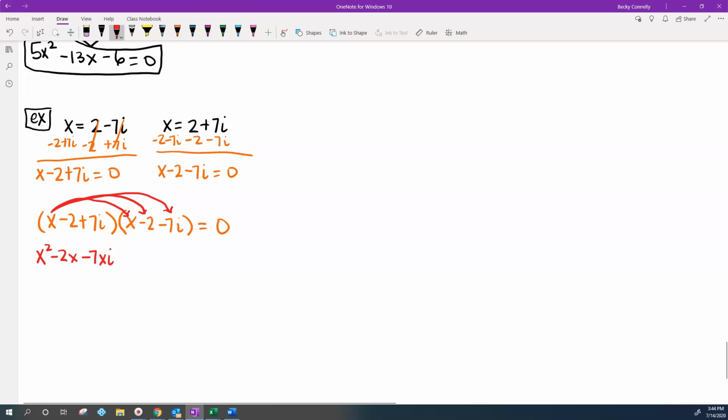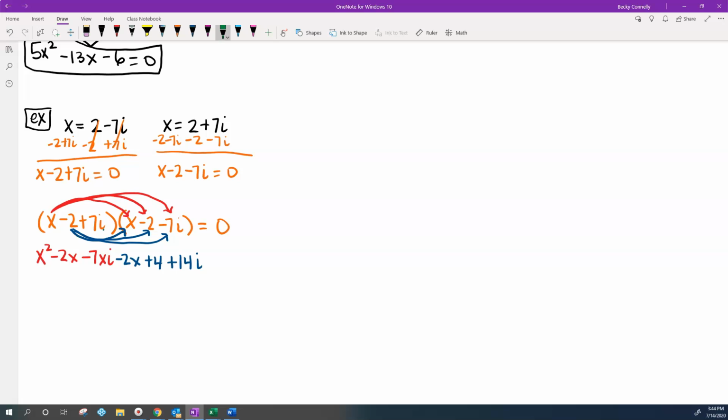Now let's take the -2 and distribute it through. So -2 times x is -2x. -2 times -2 is +4. And -2 times -7i is going to be +14i. Now I still haven't distributed my 7i, so I need to do that.